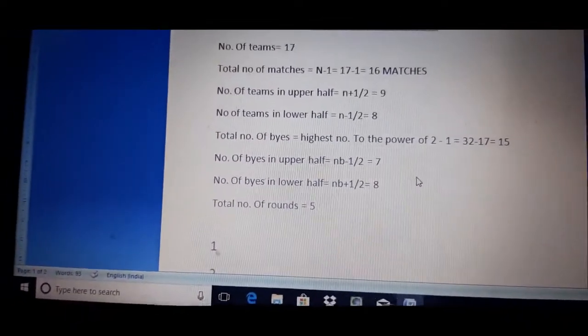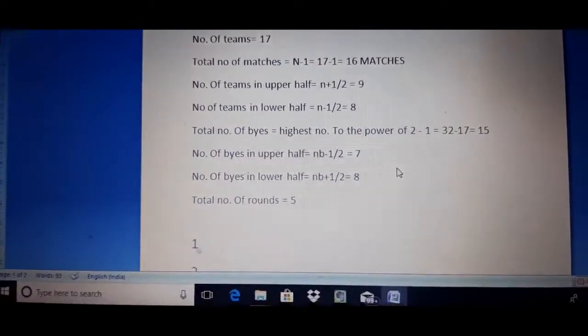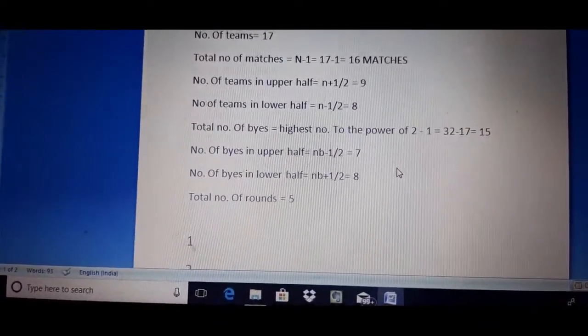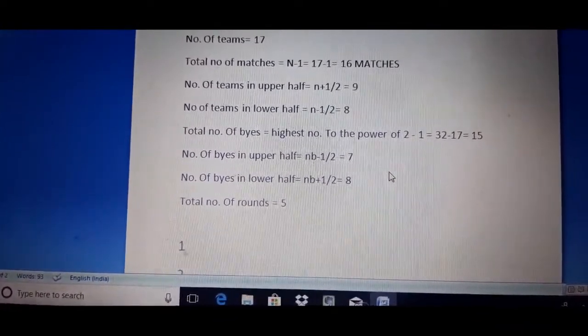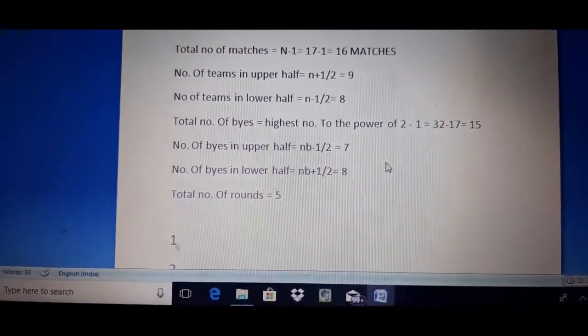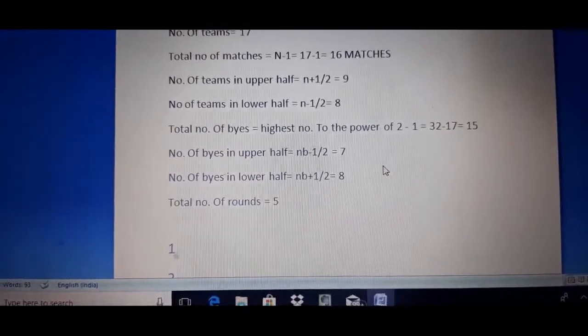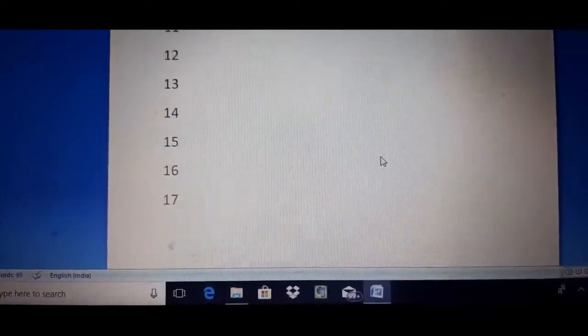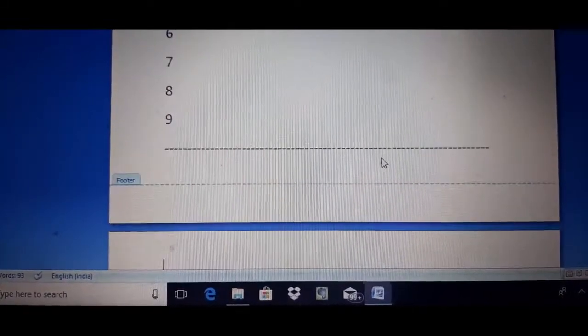We'll count the byes as A, B, C, D. So the total number of byes, that is 15, we'll take as A B C D E F G and so on. Starting with the first bye, the first bye has to be given.